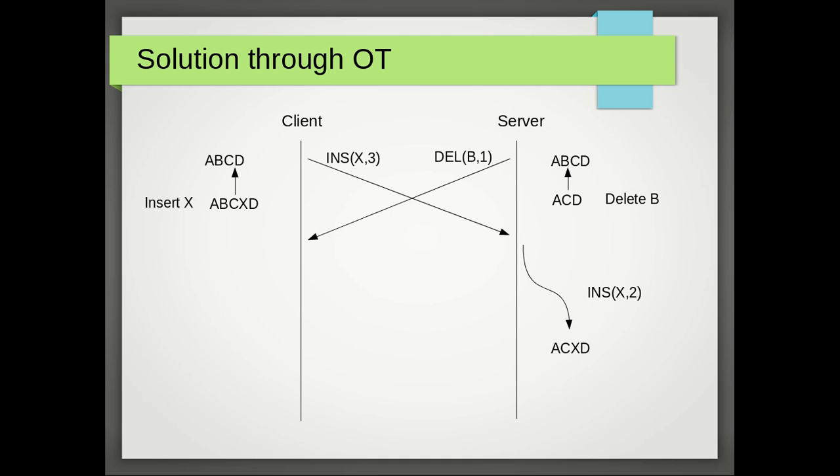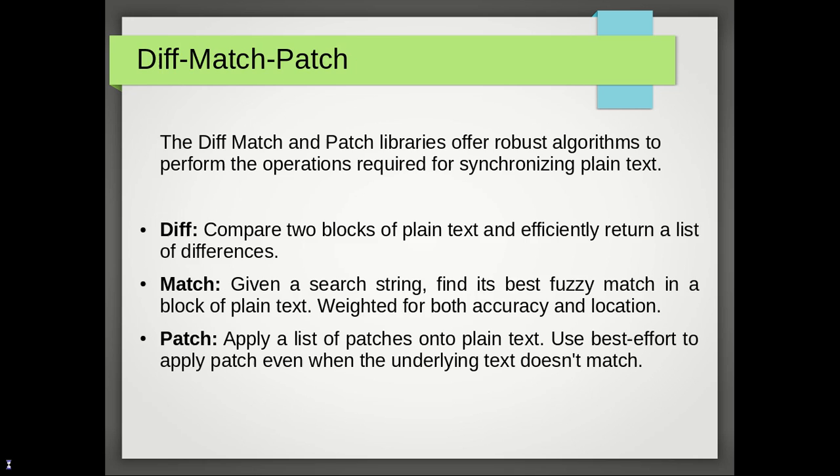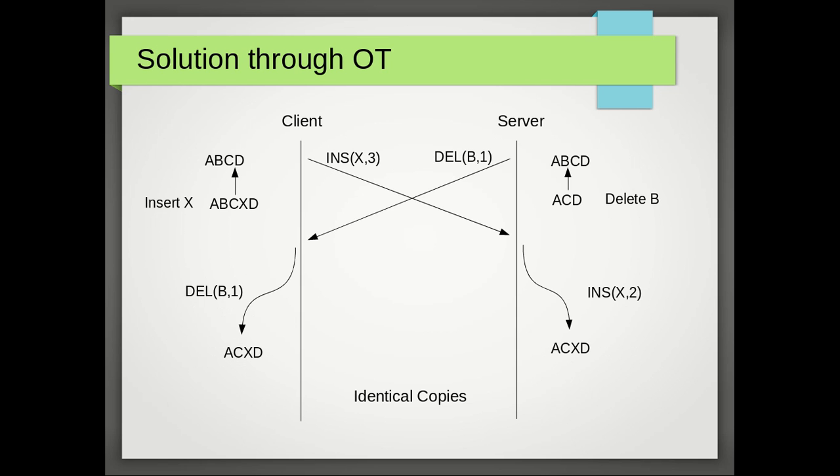Similarly, when the server sends delete b comma 1 to the client, the operation won't change because the previous command that was executed by the client changed the part of the string afterwards. So the command will remain the same, and hence we get the string that we require, which are identical copies of each other. Now the question arises: how would we check what change is made, where it is made, and how that would be transmitted?